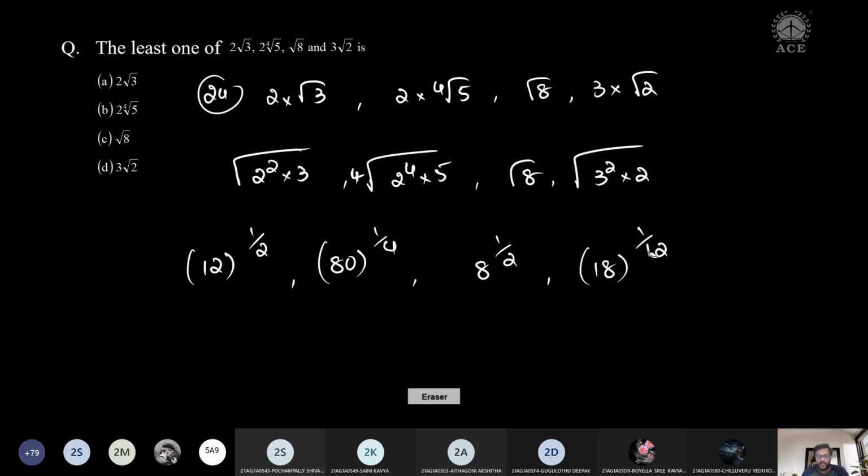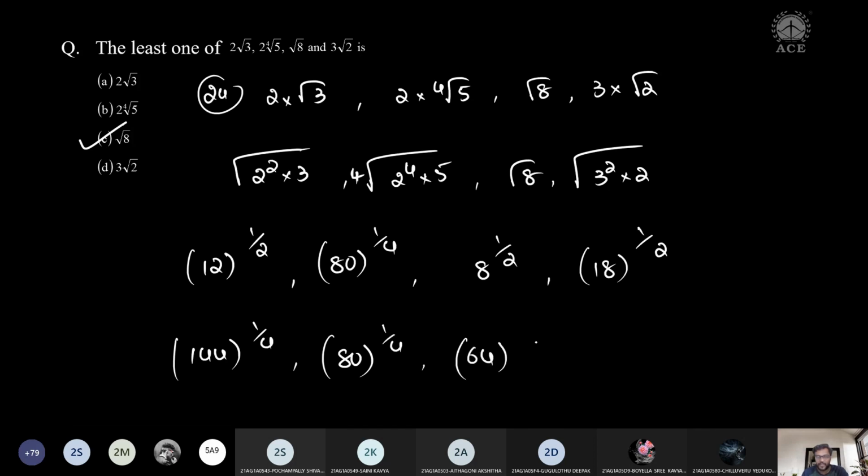This is not the least. This is not the least. Yeah, the least is this one. We can maintain power 1/4 also. This is 144^(1/4), 80^(1/4). If you square, this is 64^(1/4), 8 squared. This is 18 squared, 324^(1/4).